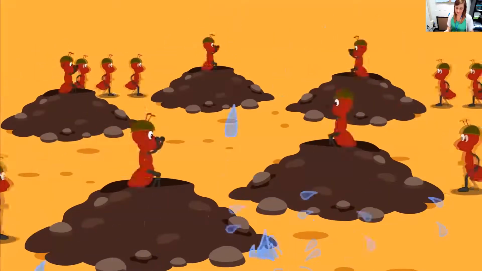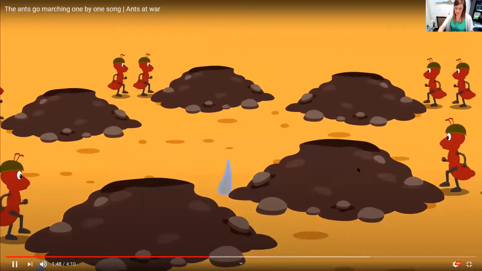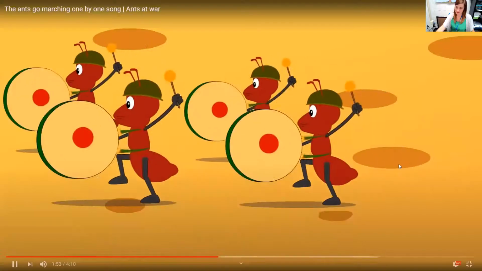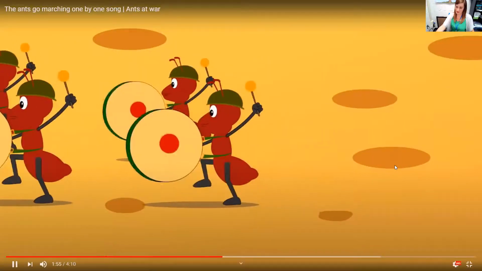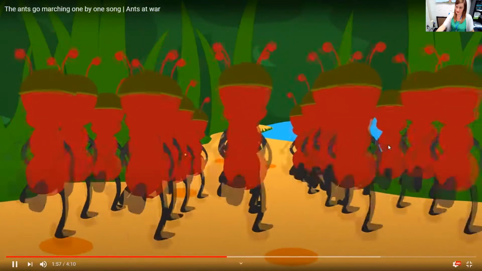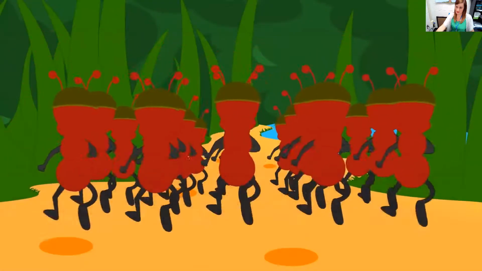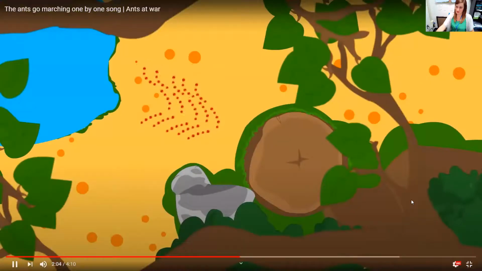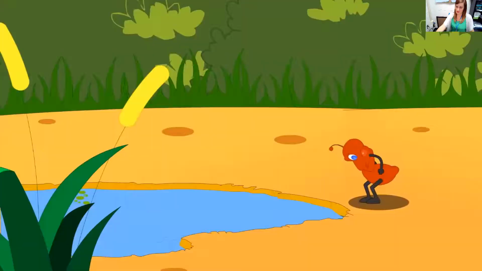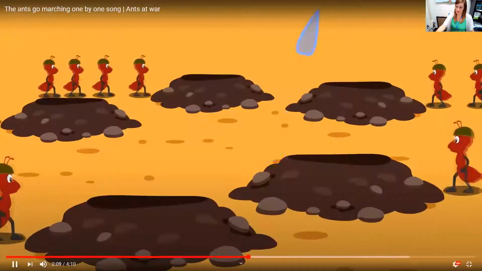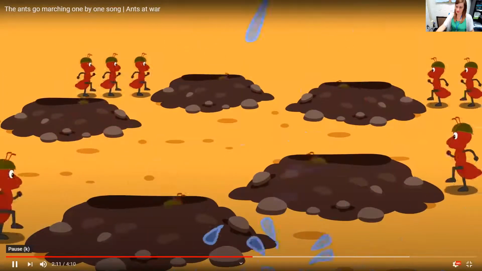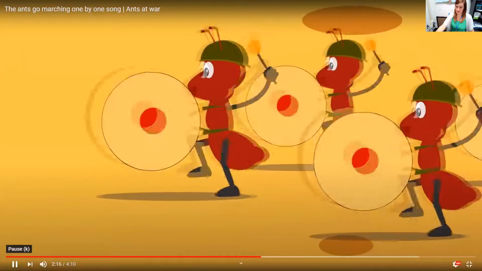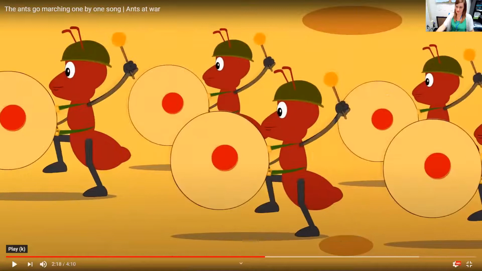The ants go marching five by five. The little one stops to take a dive, and they all go marching down to the ground to get out of the rain. Boom, boom, boom.